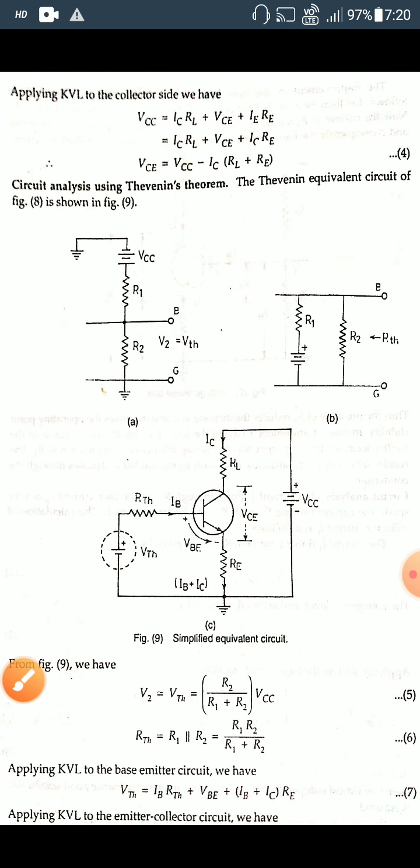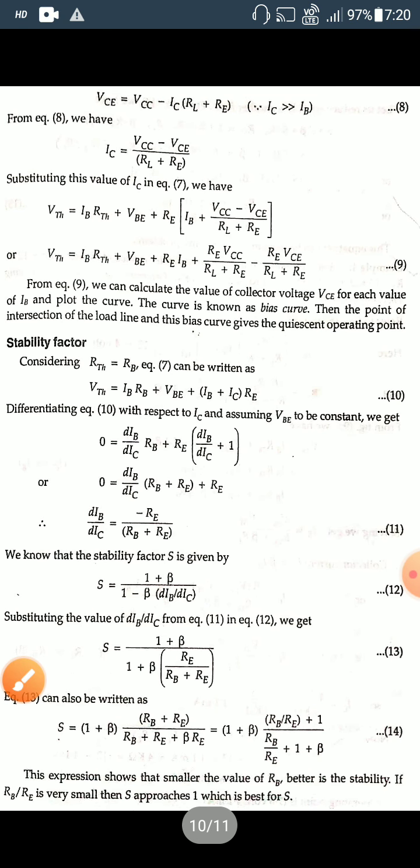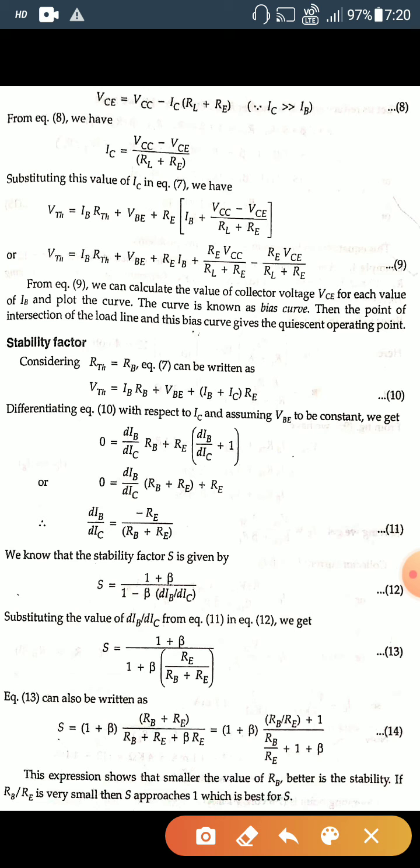Okay, so here on the RE side, the IB is omitted due to the reason that the IB is very much less than the value of the IC. So if you combine them, the VCC will become VCC minus IC (RL plus RE).